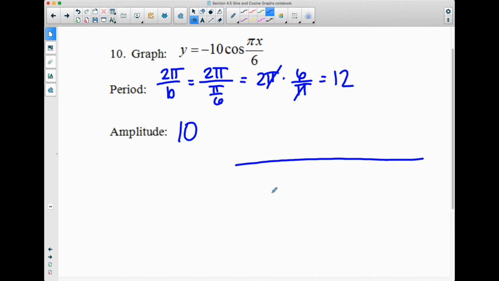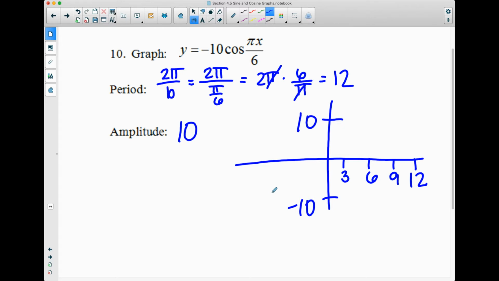So if I take 12 divided by 4, I get 3. So what seemed to be a lot harder problem is actually easier than the ones we've been doing.